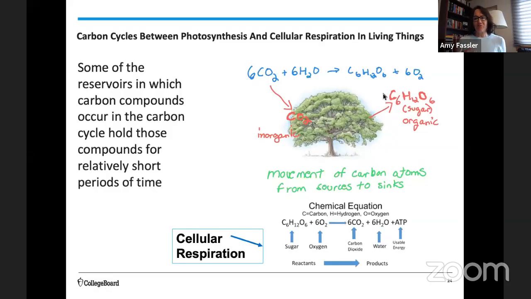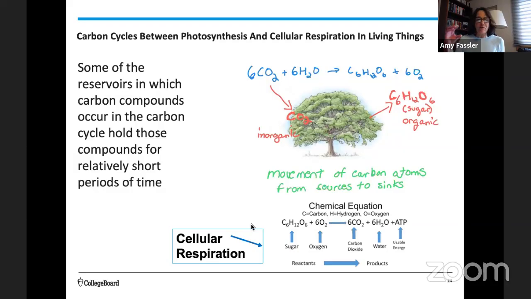And then remember, just like in the nitrogen and phosphorus cycle, an animal is going to eat that plant and get the sugar, the carbohydrate from that. When the animal eats that plant, it has to break that plant body down.